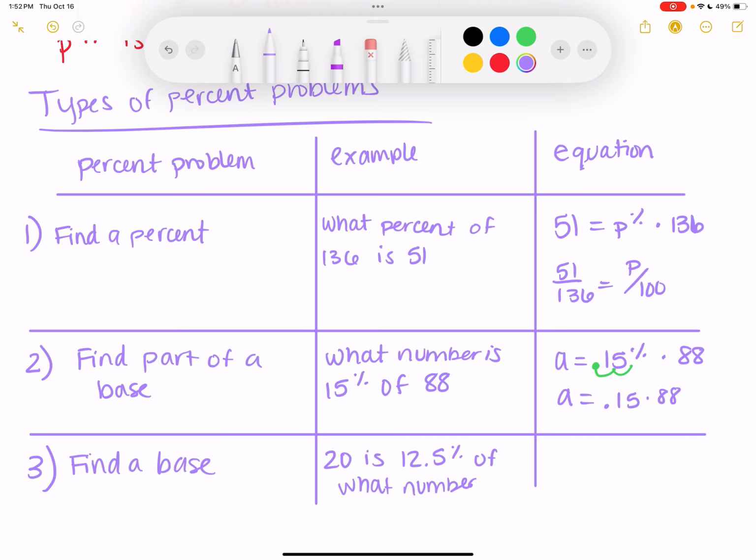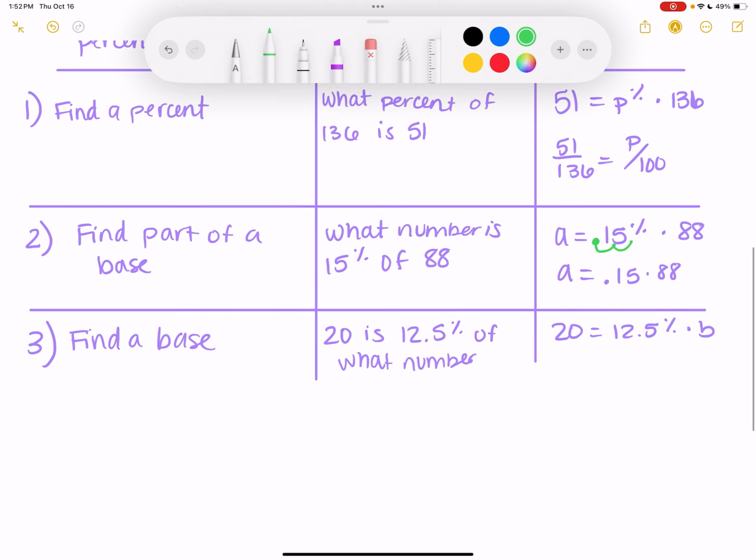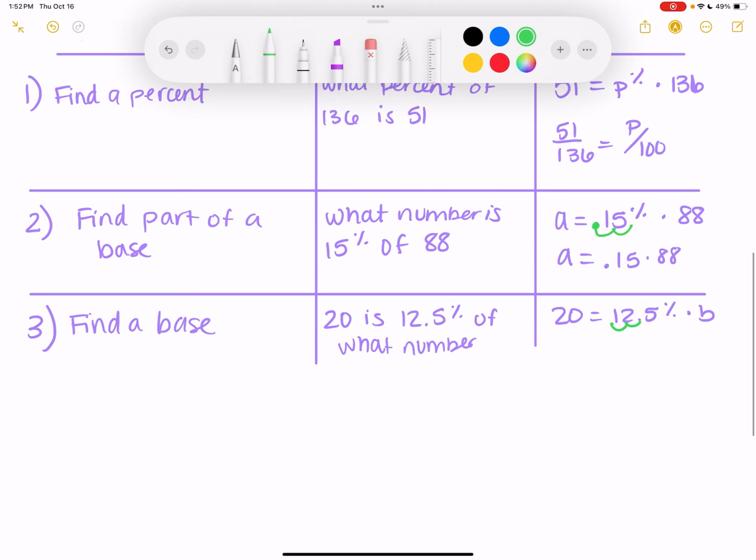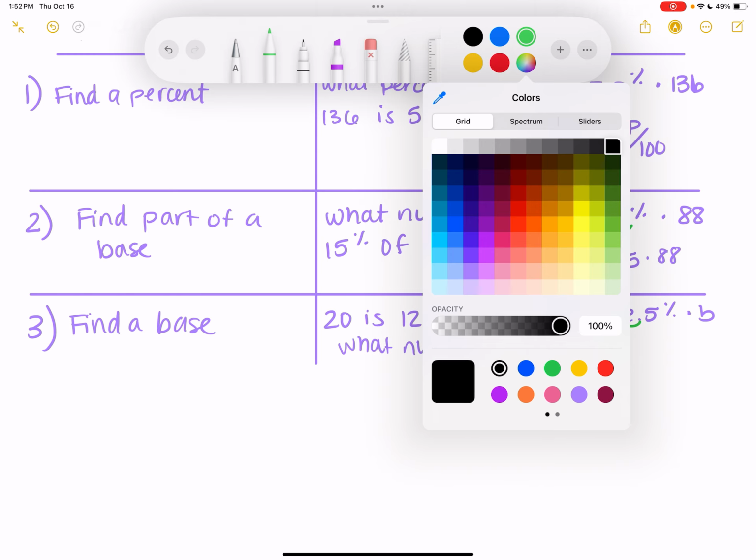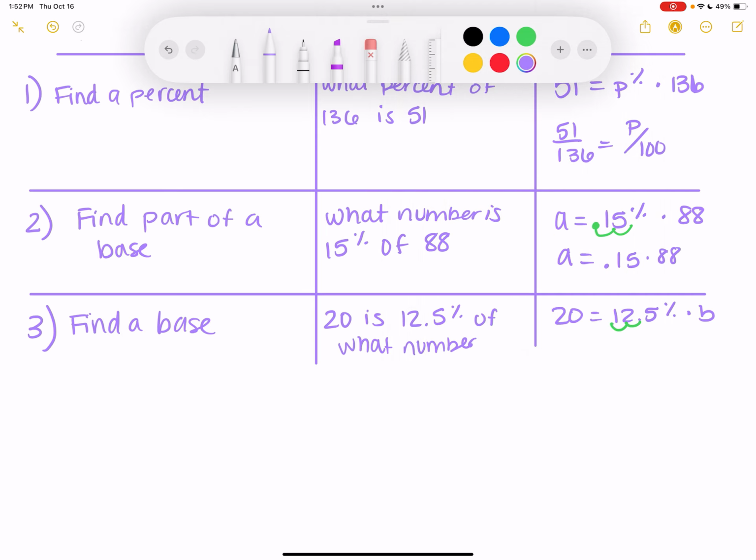So 20 is equal to 12.5% times B. We would move this decimal place over 1, 2, and I would end up with 20 is equal to 0.125 times B. Because I moved the decimal place, I would then divide by that. So 20 divided by 0.125 is equal to B.